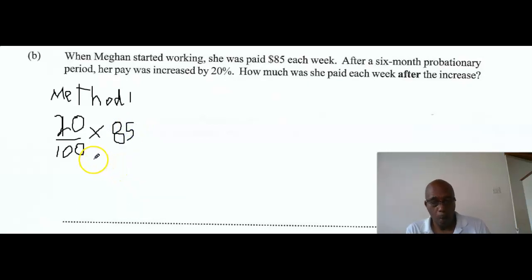How do we do that? Well, 20% we can cancel out to get 1/5 because 20 can go into 100 5 times. So really, we are looking at 1/5 times 85.